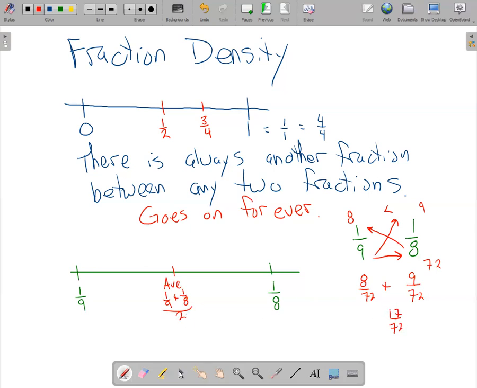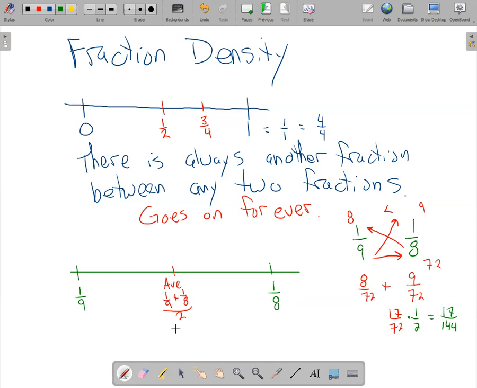Let's see, how do you cut something in half? Well, you could divide by 2 or multiply by 1/2. I'm going to choose to multiply by 1/2. 1 times 17 is 17. 2 times 72, I think, is 144. And that doesn't reduce.